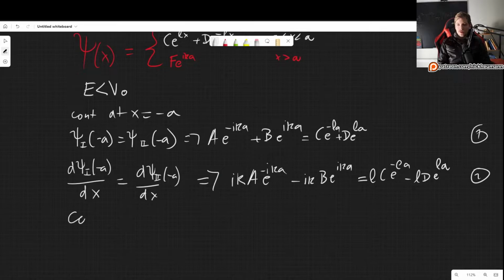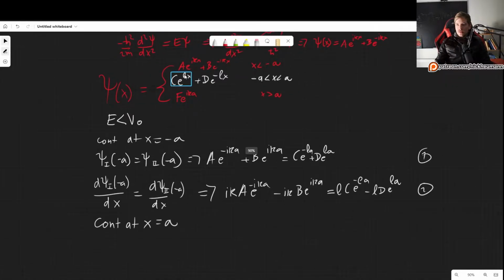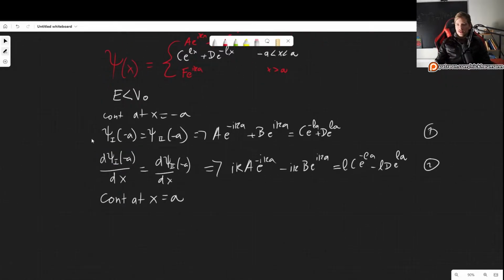So let's do that. From continuity at x equals a, in this case we have these two wave functions. What we need is that wave function 2 evaluated at a has to be the same as wave function 3 evaluated at a.